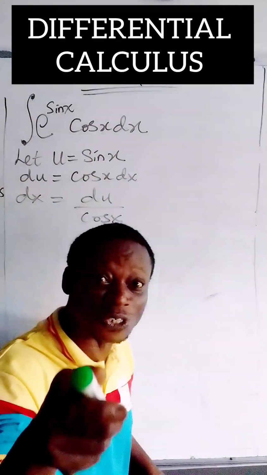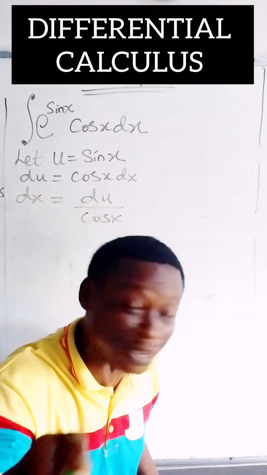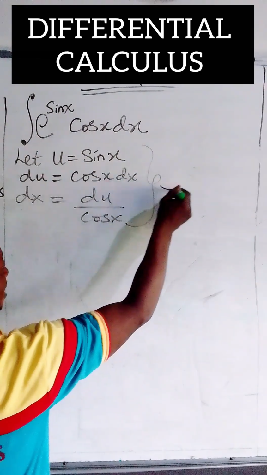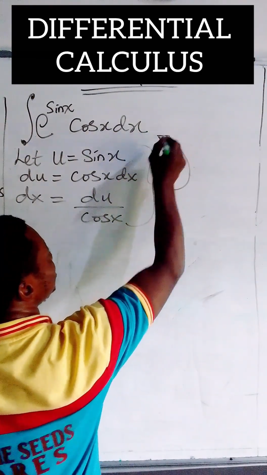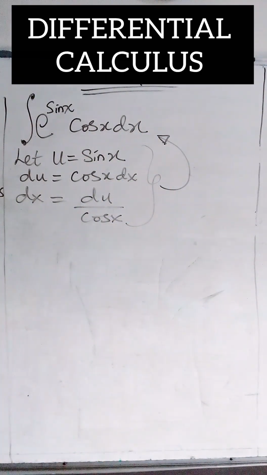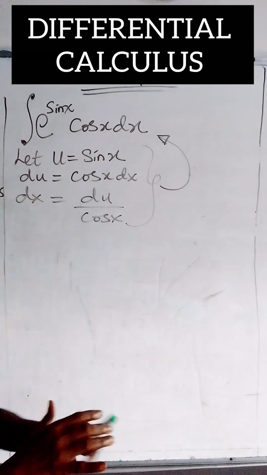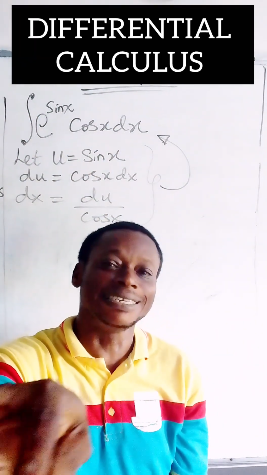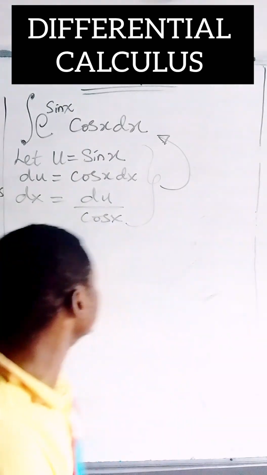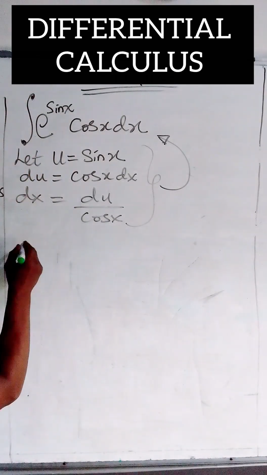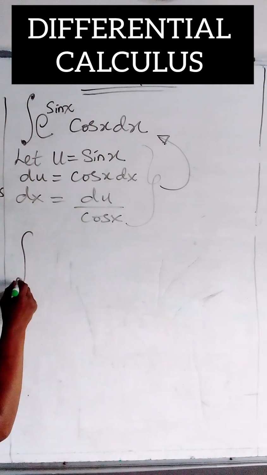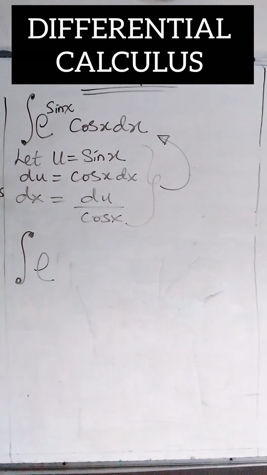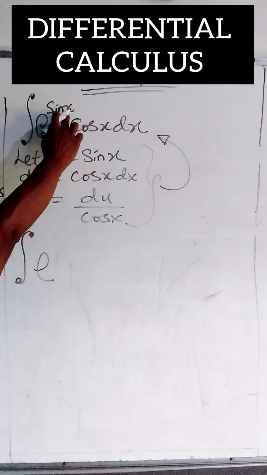Since it is called the substitution method, we are going to substitute the ingredients here into the primitive function and see how we can reduce the integrand, thereby getting the value of the integral. Let's see. Go back to the primitive function, which is the integral of exponential sine x.